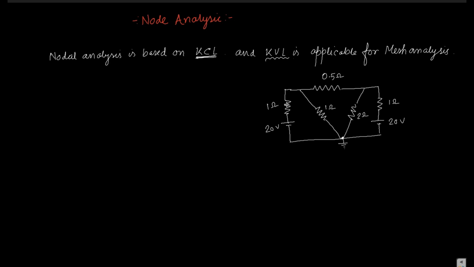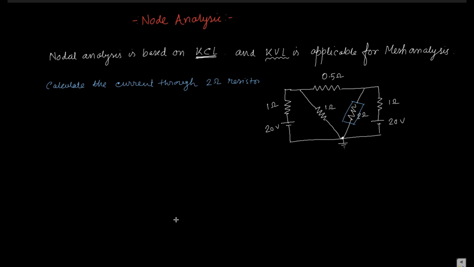Okay, so if you ask to calculate the current through the 2 ohm resistor, meaning the current through this resistor. For this we can analyze this circuit using the KVL also. But if you want to apply the KCL, then I will discuss the procedure.